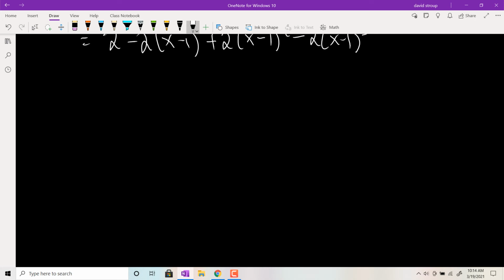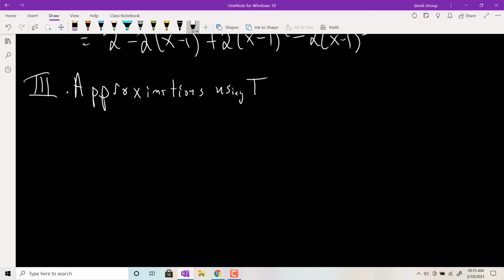Okay, so approximations, and I think the book calls it Taylor's theorem. Some books call it Taylor's inequality. I just call it Taylor's approximations.